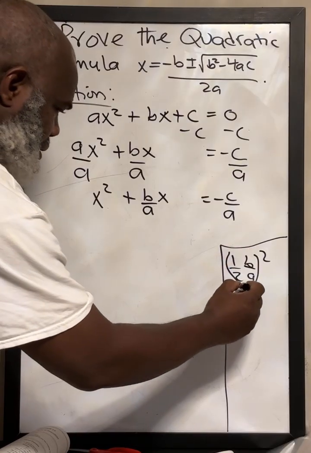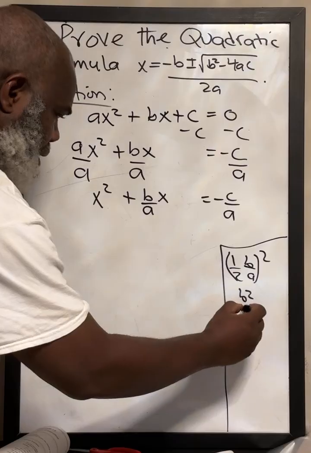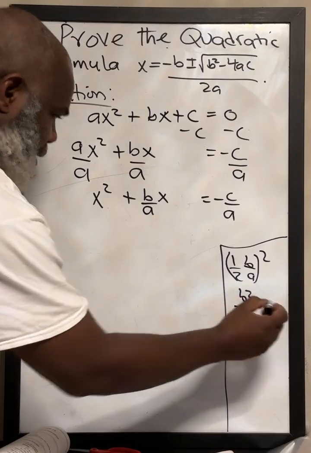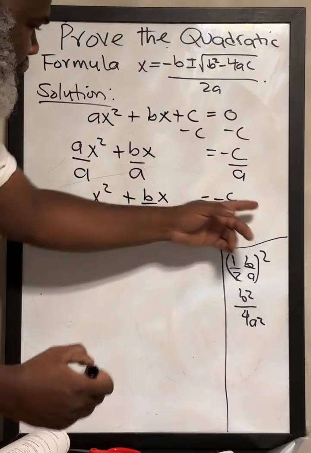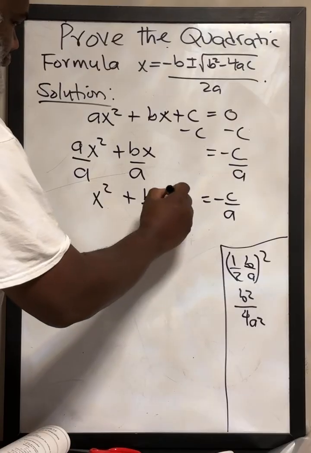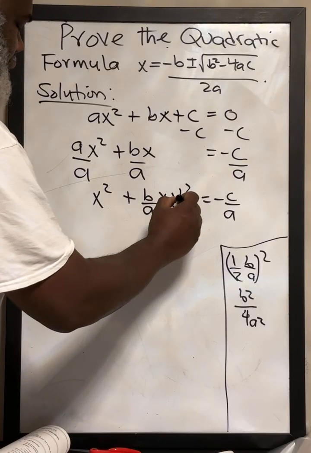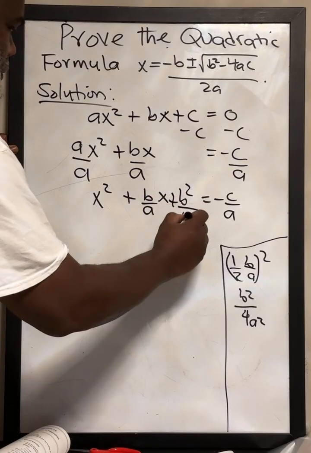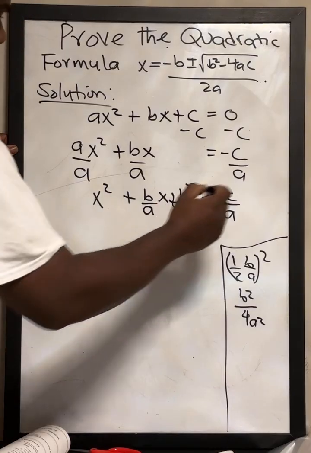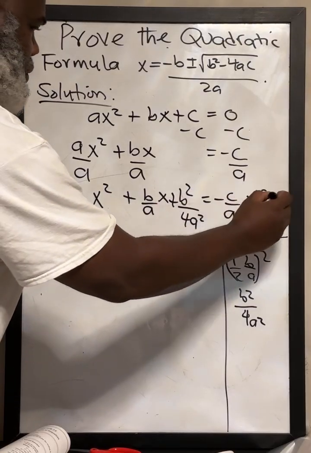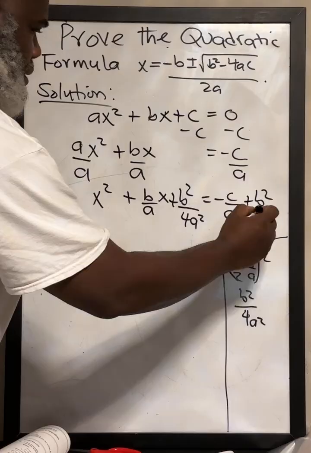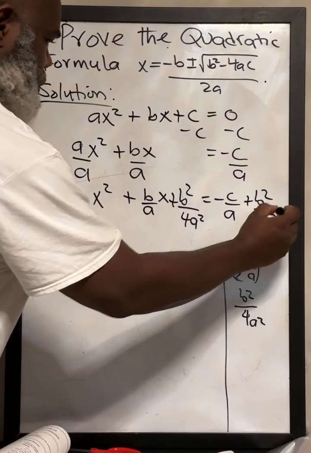We get b squared over 4a squared. We add this to both sides. So plus b squared all over 4a squared, plus b squared all over 4a squared.